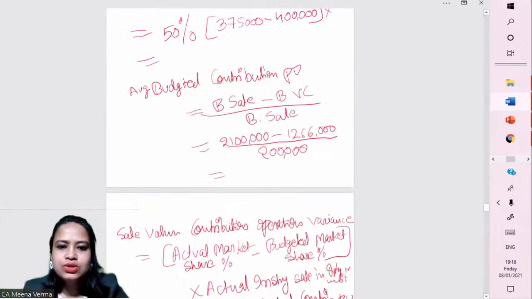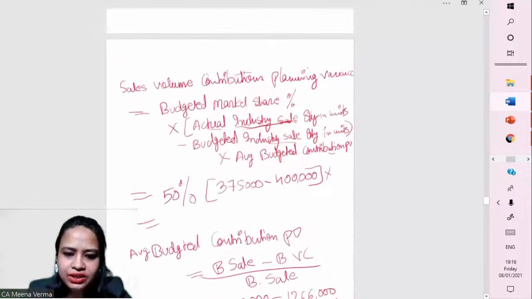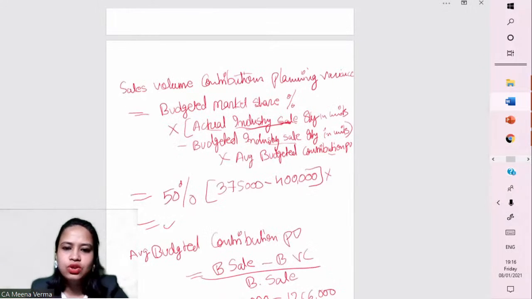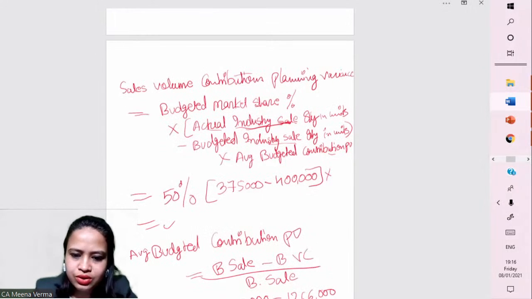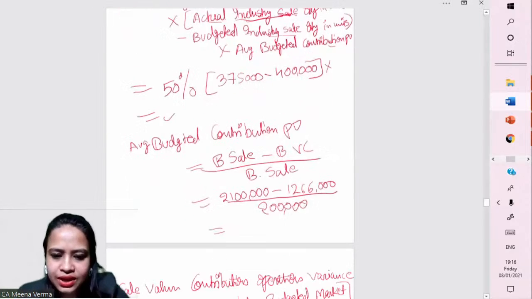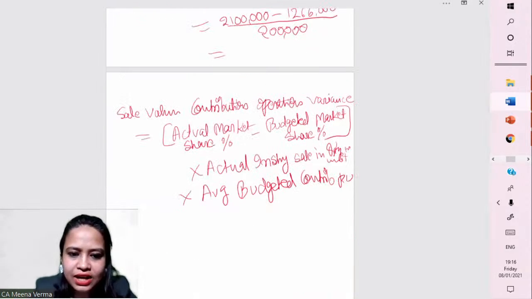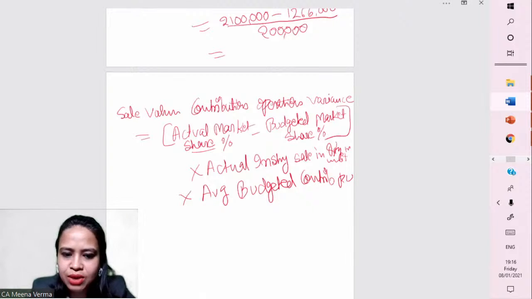Okay. I hope you have calculated this. I want the sales volume planning variance from all of you. Okay, solution of this. And for this, what you have to consider: actual market share minus budgeted market share into actual industry sale, into average budgeted contribution per unit.